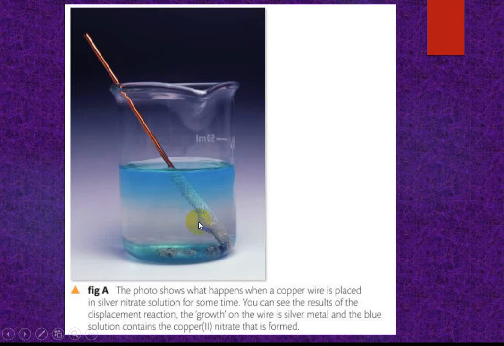When copper is added, this solution becomes blue in color. And also here, look, a silver solid is formed. So what is happening here?